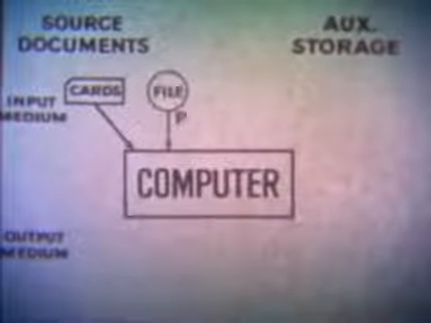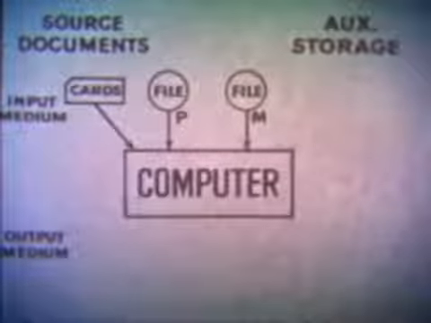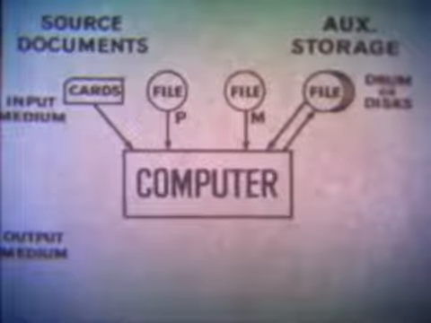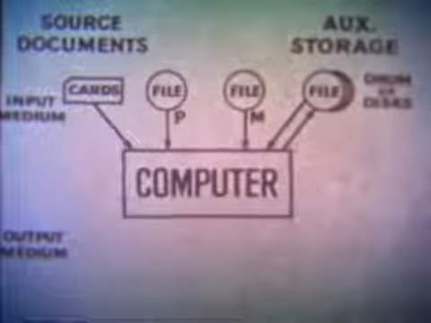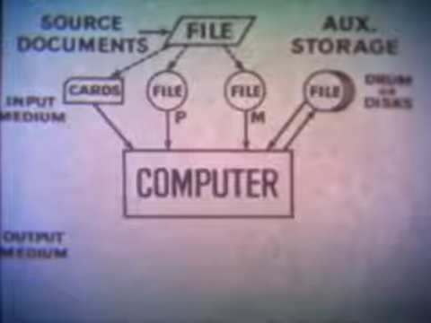The input medium may be punched cards, a file of punched paper tape, or magnetic tape. Auxiliary storage may be magnetic drum or discs, or magnetic tape if high-speed or random access is not essential. The source documents provide the data to be entered on the selected input medium.